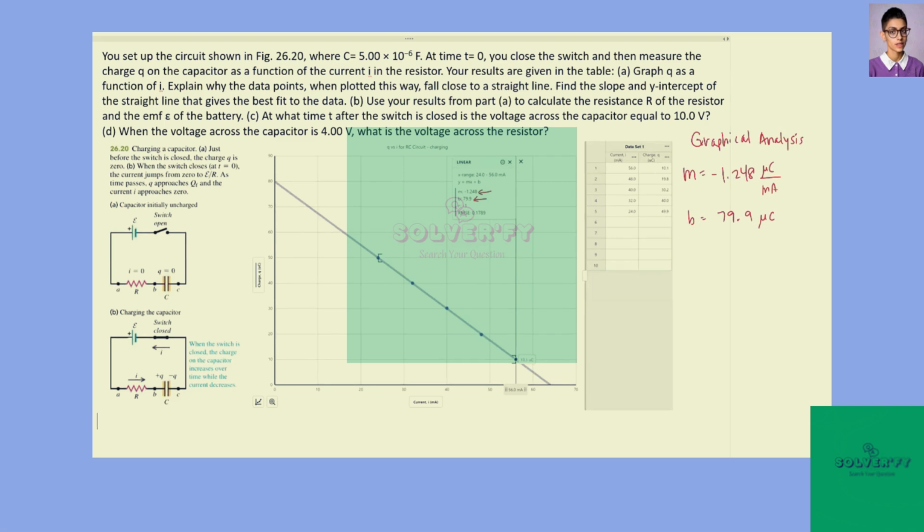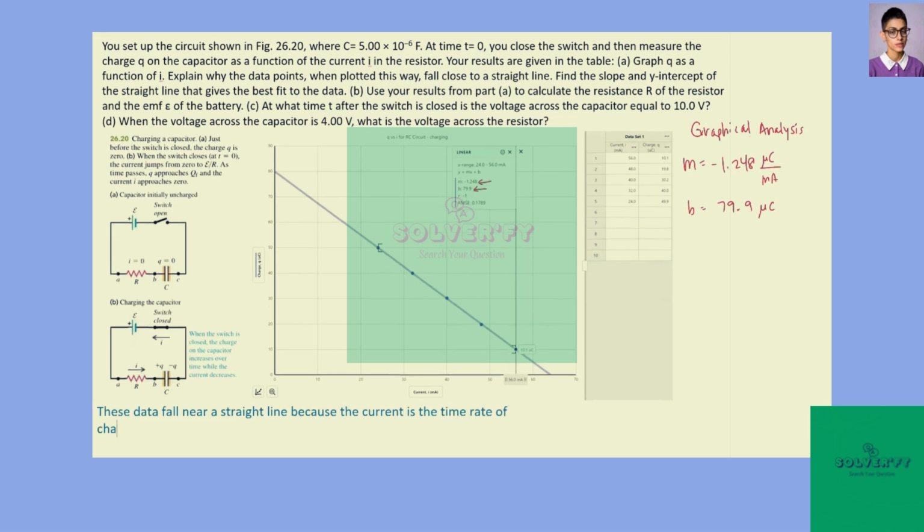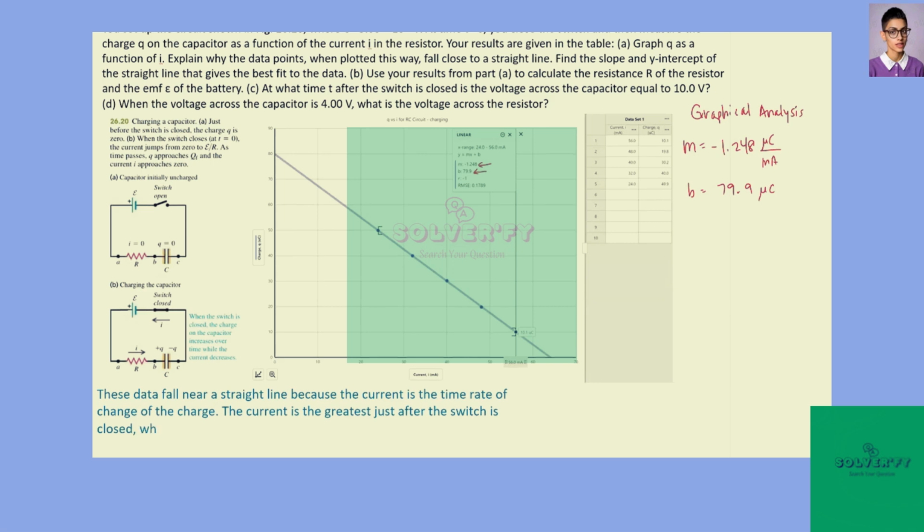And so these data fall near a straight line because the current is the time rate of change of the charge. The current is the greatest just after the switch is closed when the charge is 0.